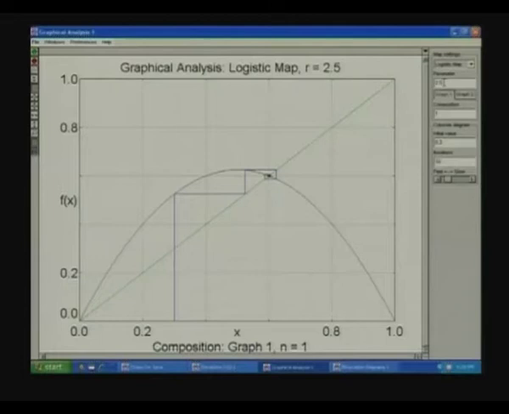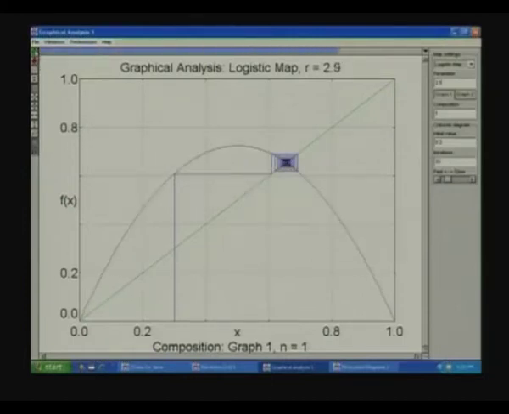Let us increase it to 2.9 maybe. Can you see how it is converging? It is converging from there. Fine. Okay. Now, let us make it above 3.